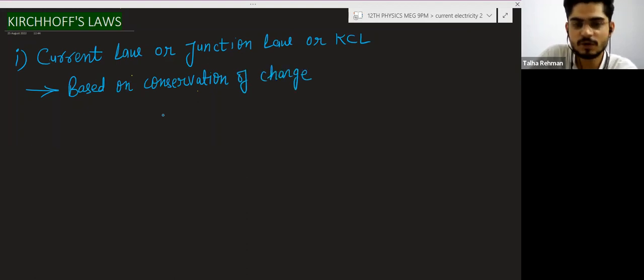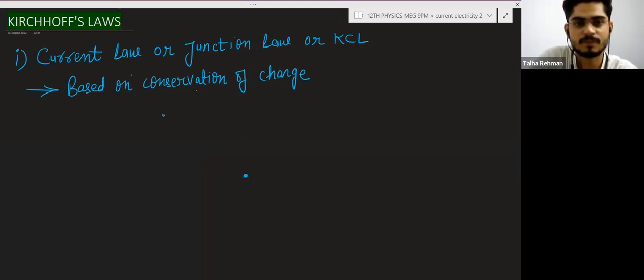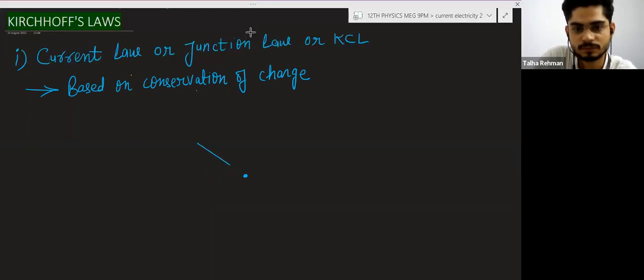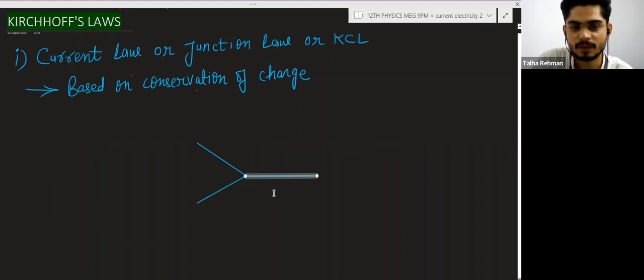So what is this law? Suppose a wire is like this and a wire is like this. One wire is this, another wire is this, and another wire is this.